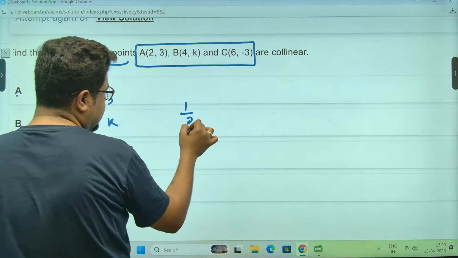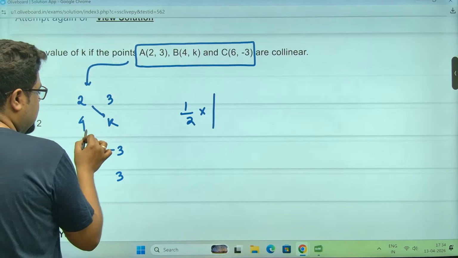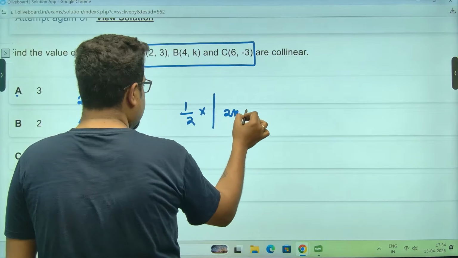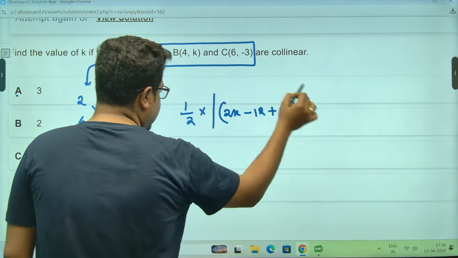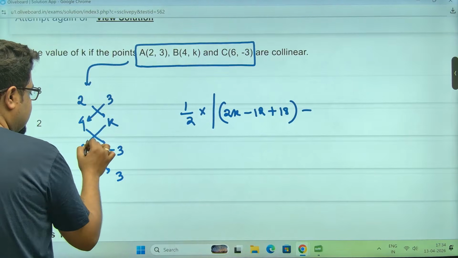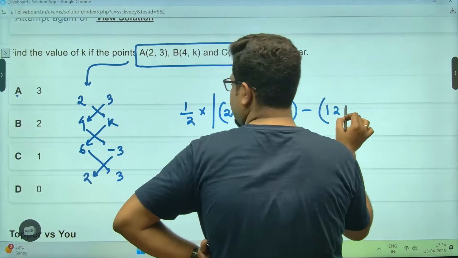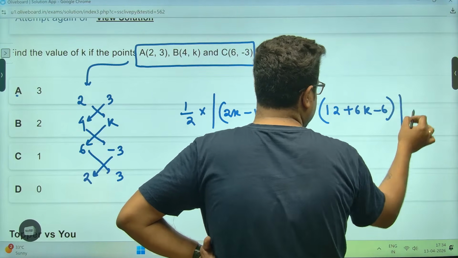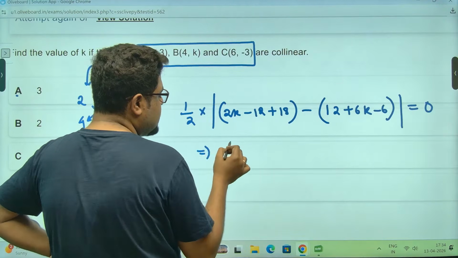So the area of the triangle will be half into modulus 2k. Cross multiply: 2k minus 12 plus 18, minus, again the other cross, 12, 6k minus 6. This must be 0, so half is gone because 0 into anything is 0.